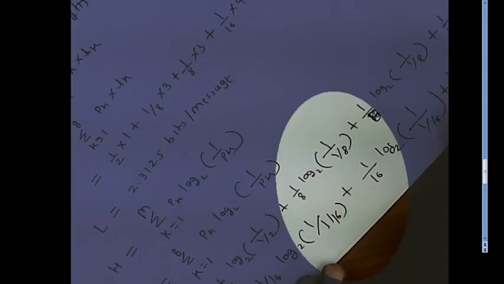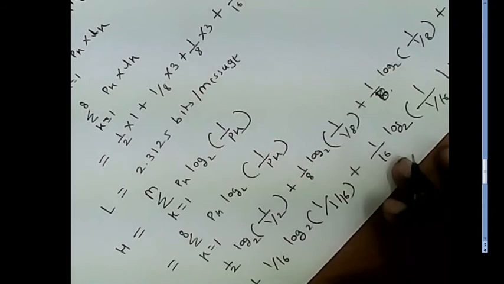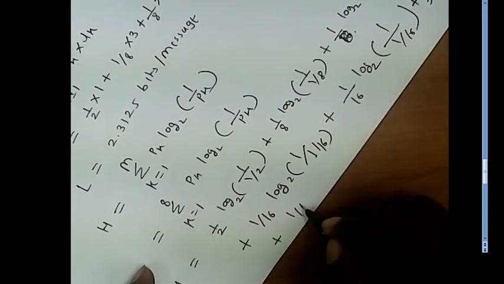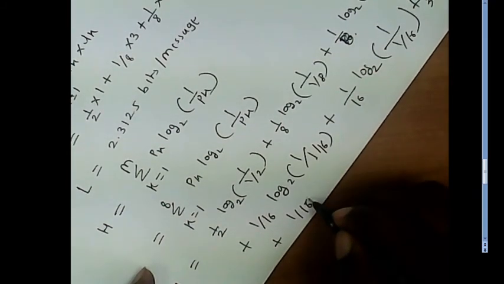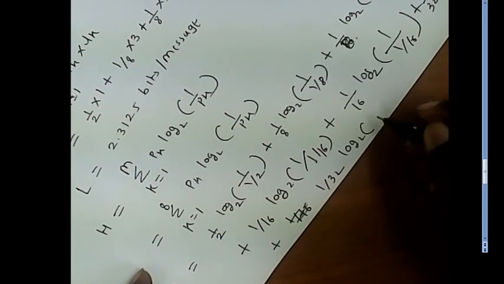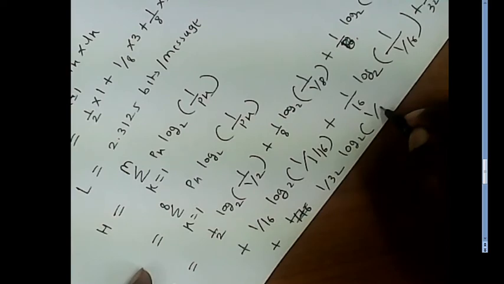Similarly for M7, 1/32 log to the base 2 of 1 upon 1/32, plus the same for M8, 1/32 log to the base 2 of 1 upon 1/32.